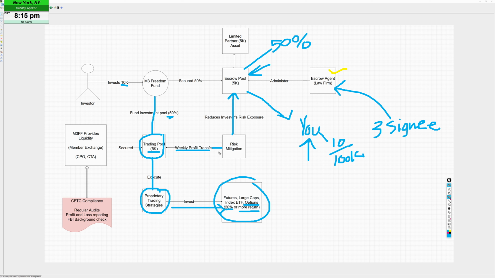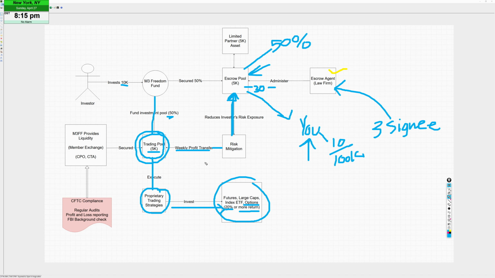As we are making money from the market on a weekly basis, we are going to put portions of that into this escrow. We have projected that in 30 weeks, we will get you into a position of total risk free. You have total risk free already, but technically in 30 weeks you will have total risk free.